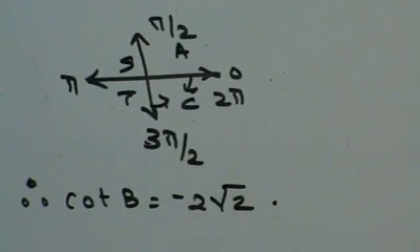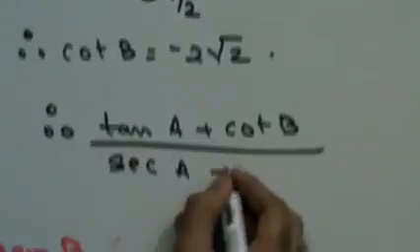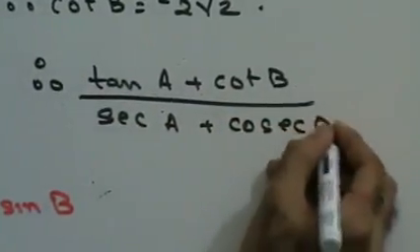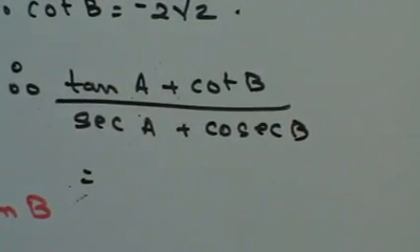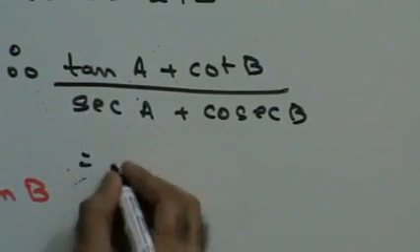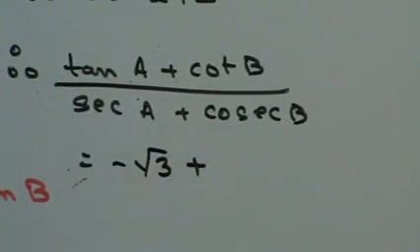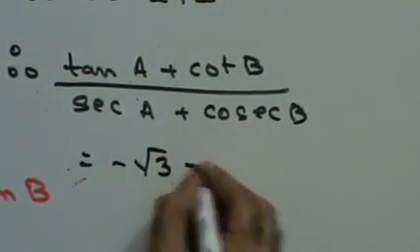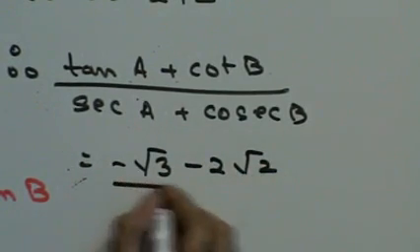Okay, once you have this, I can say therefore tan A plus cot B upon sec A plus cosec B. Tan A we have found out as minus root 3, plus cot B. Cot B we found out as minus 2 root 2.